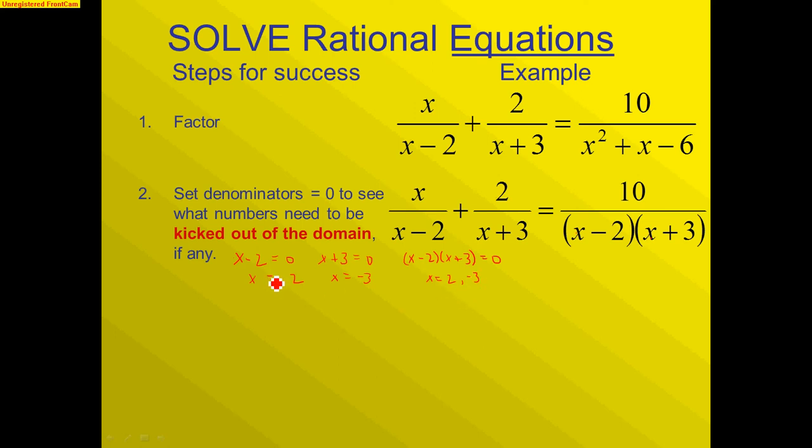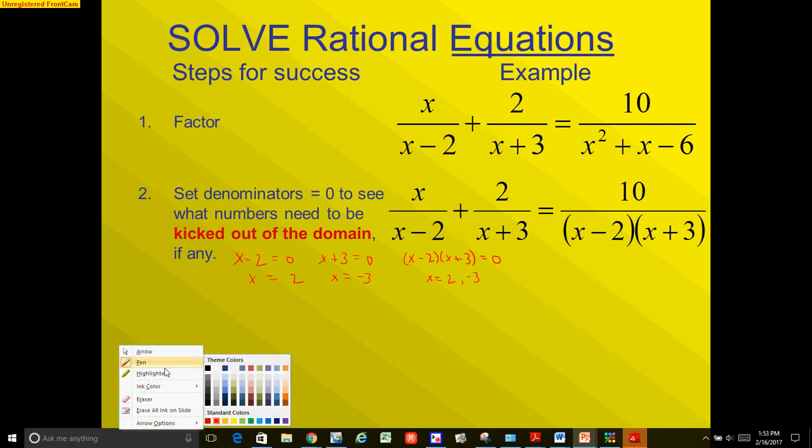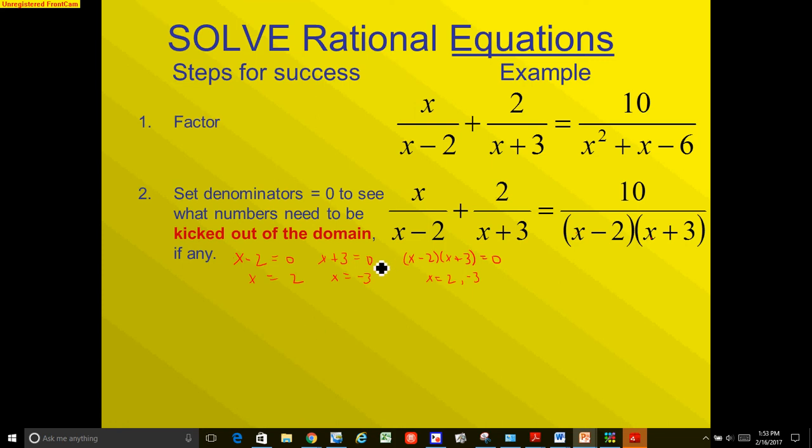If all of these x's create zero in the denominator, then my domain for my problem is going to be x is not allowed to be 2, x is not allowed to be -3, and of course I only have to write these things down once.